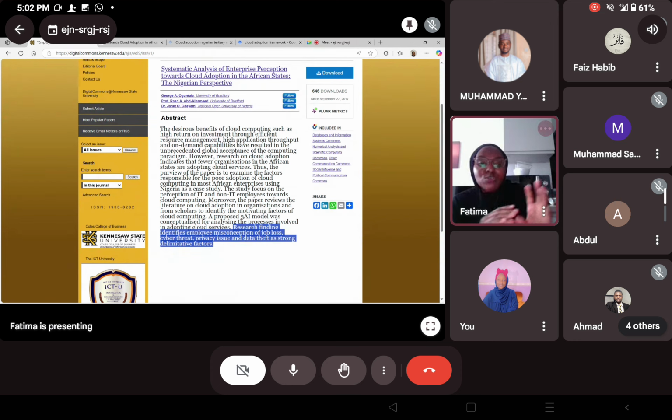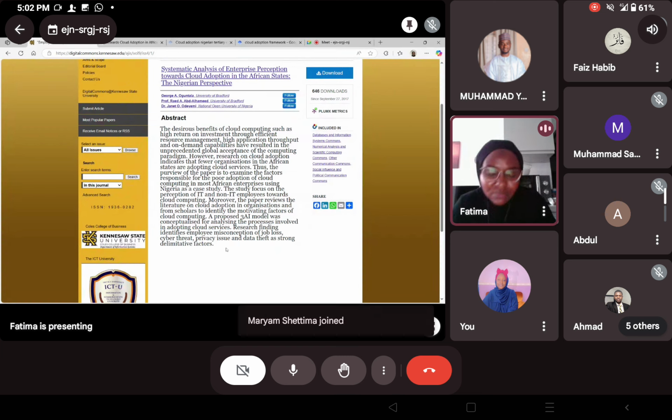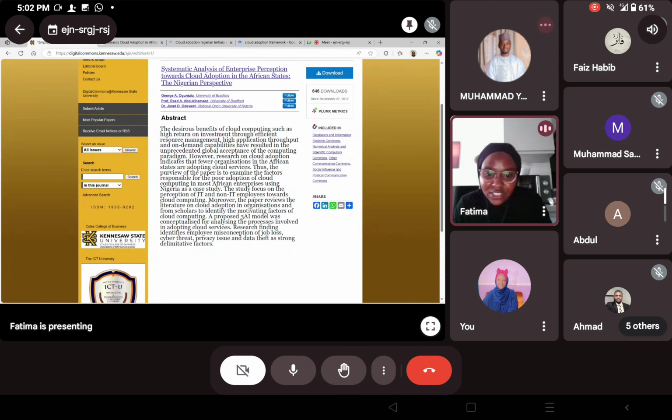So when you come to your own research, maybe you take this misconception of job loss. Generally with some technology, many people fear that they are going to lose their jobs if technology gets adopted. You could take this misconception of job loss to be your focus. How would you improve the system and make them know they're not going to lose their jobs because of that technology?